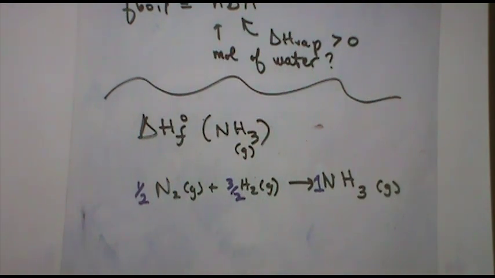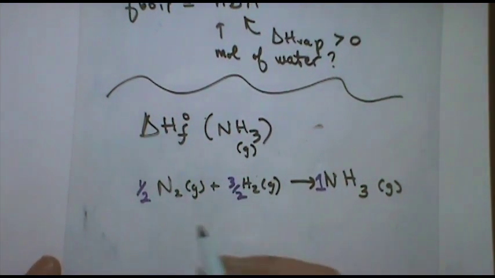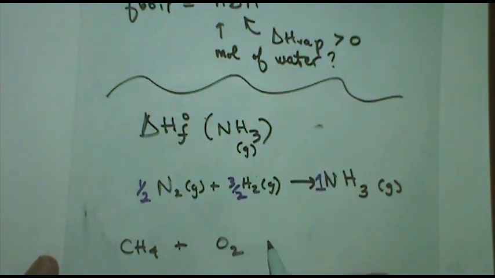The other thing is, given any particular reaction, you should be able to find the delta H. So let's say it was a reaction like this. Let's balance it: 1, 2, 1, 2.